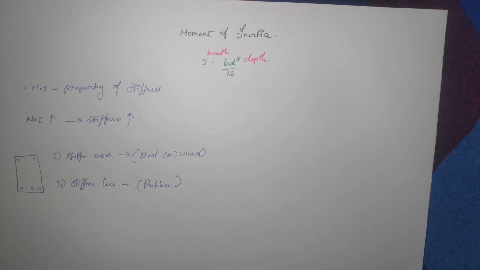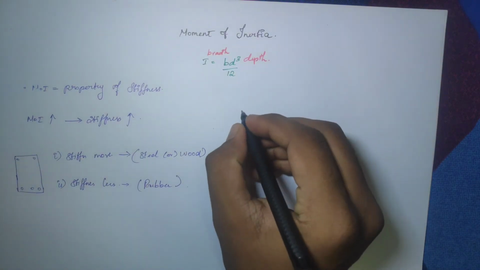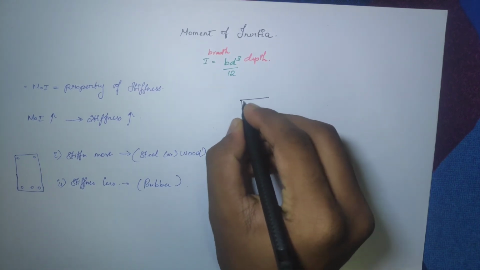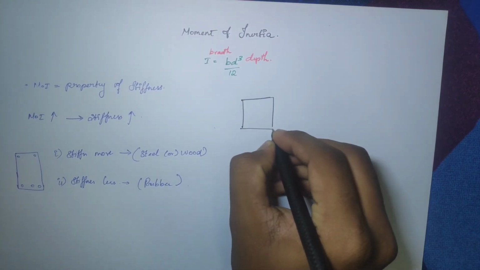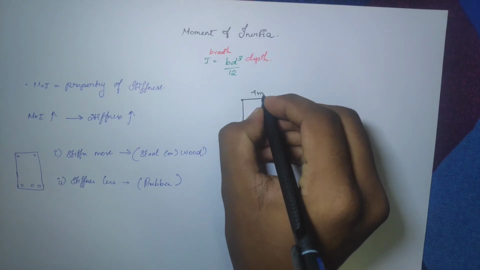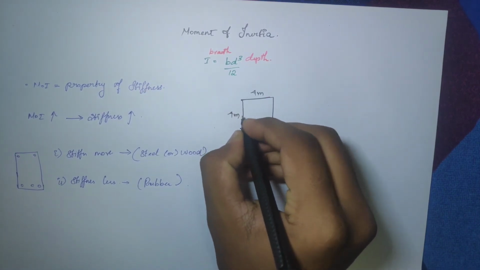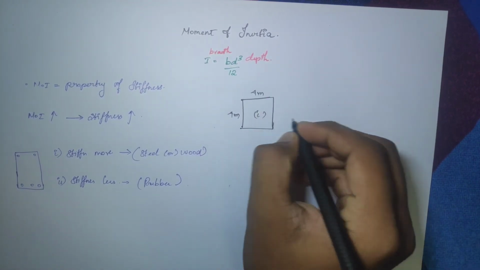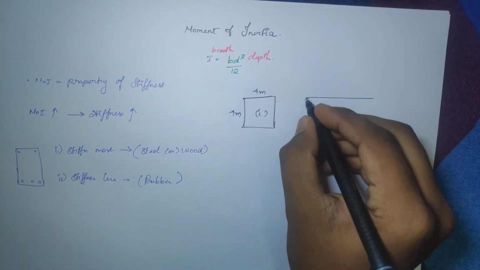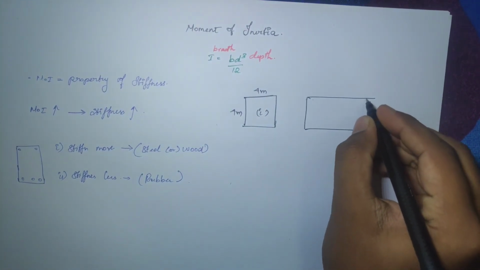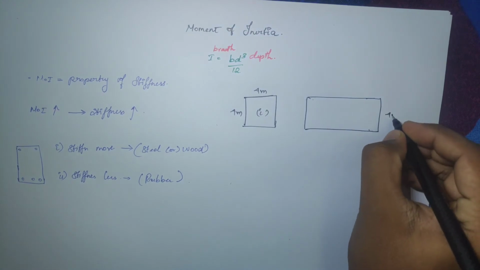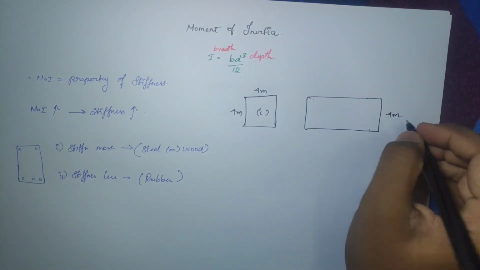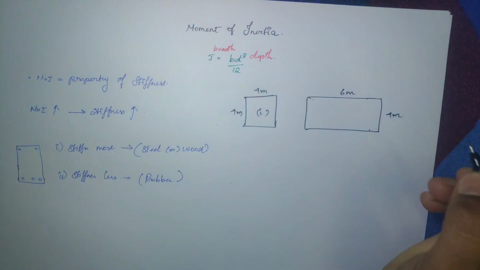So what does moment of inertia have to do with that? I hope you will understand it better if I show you an example. Let's take a cross section of a beam with dimensions of 4 meter by 4 meter. This is the first one. And let's take another beam which has the same depth, 4 meter, but a different width, let's take it as 6 meters.